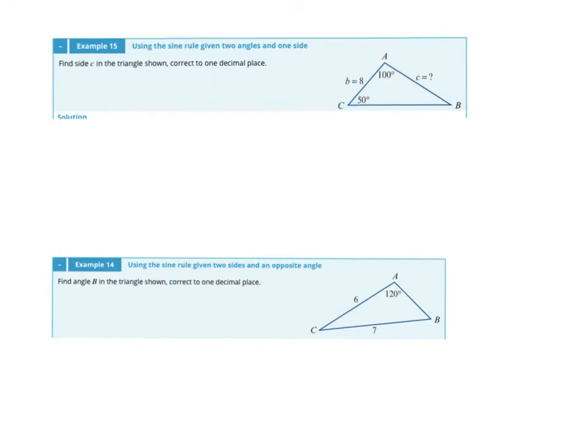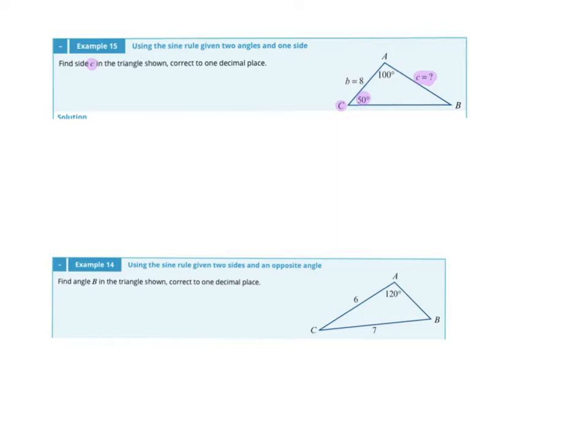Okay, so here we're going to give it another go. It's asking me to find side C. So C is the question, so I'm going to have to use C, and then I need to use another one which I have.